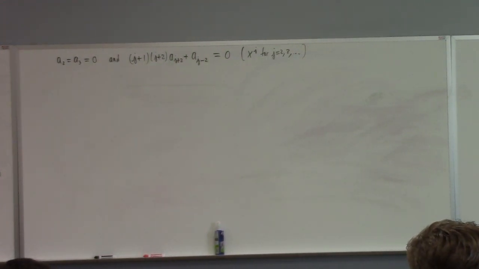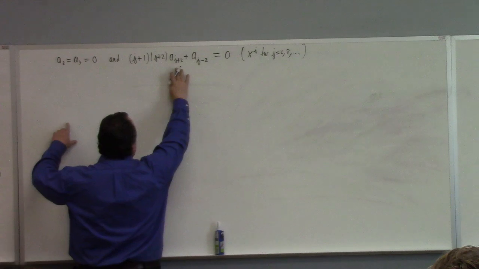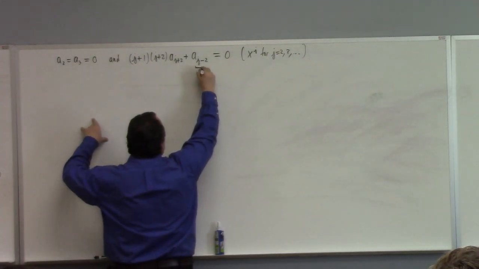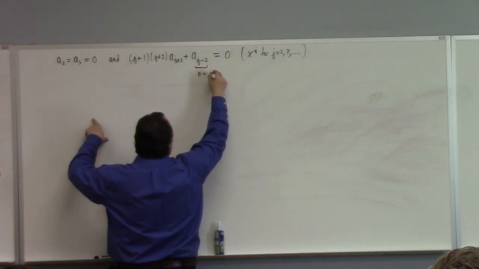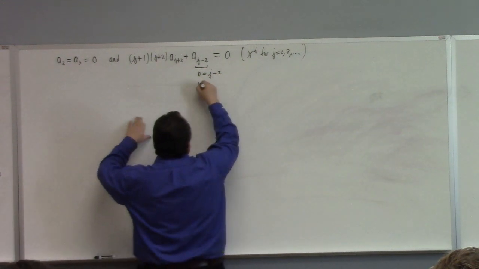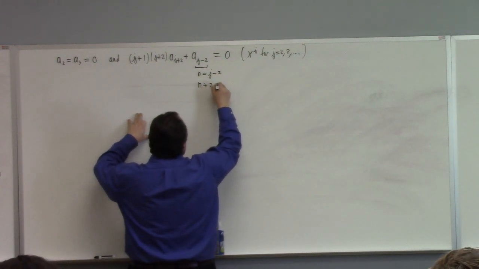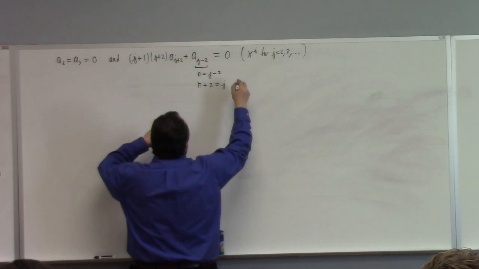So what I'm going to do at this point is to go back to n, because my n is easier to read. If I use the letter n for this, let this be n, then that makes n plus 2 equal to j, right?